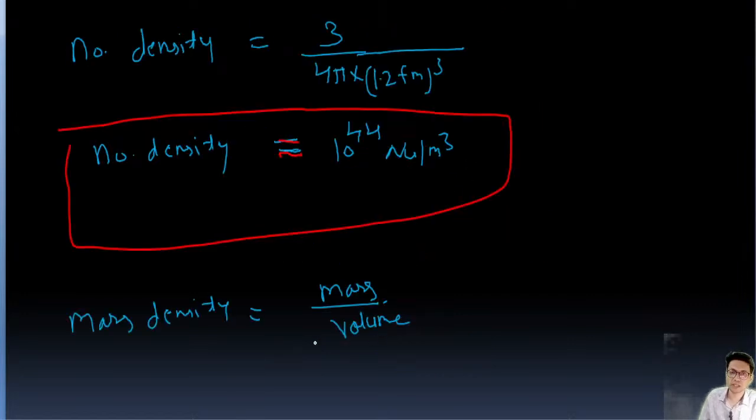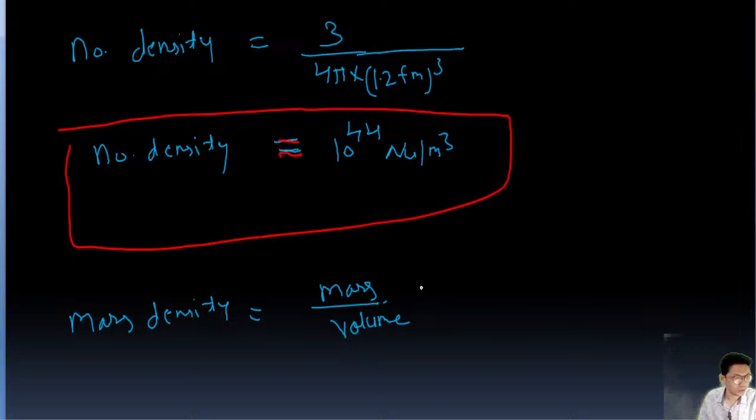So the mass density is mass upon volume. The number density is 10 to the power 44 nucleons in 1 meter cube region.